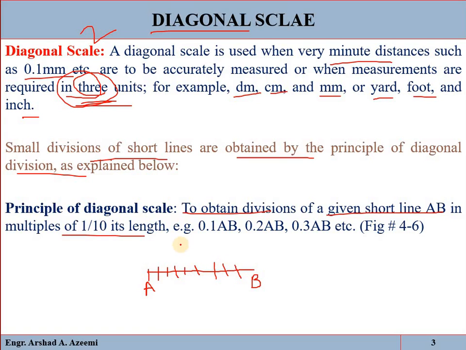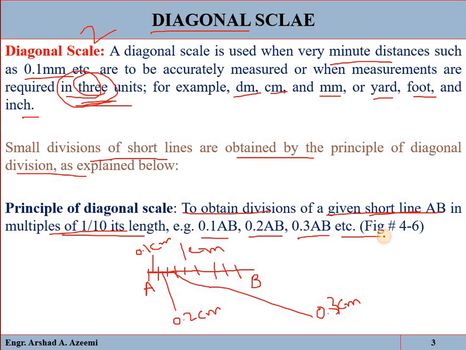If we have a 1 centimeter line, then one portion will be equal to 0.1 centimeter, two portions will be equal to 0.2 centimeter, three portions will be equal to 0.3 centimeter, and so on. That is the principle of the diagonal scale: we divide a short line in multiples of 1/10, like 0.1 AB, 0.2 AB, 0.3 AB and so on.